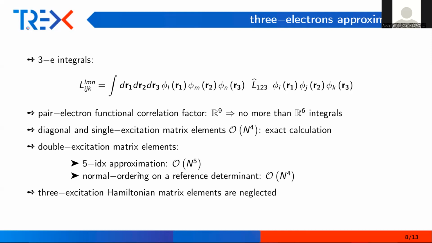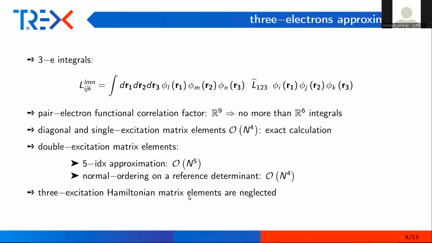Another approximation that we have tried is to apply a normal ordering technique of the 3-body term on a reference determinant in order to obtain effective 1- and 2-body operators, which results in a typical N4 scaling.